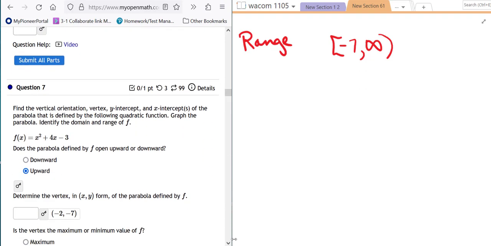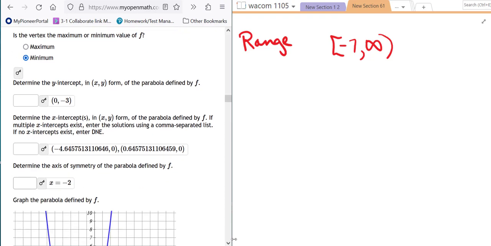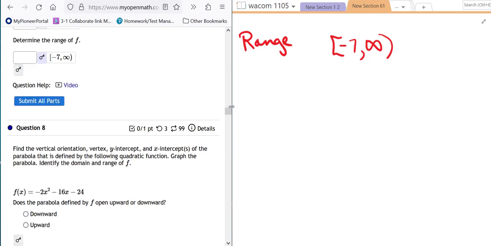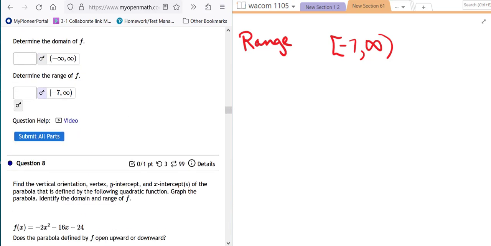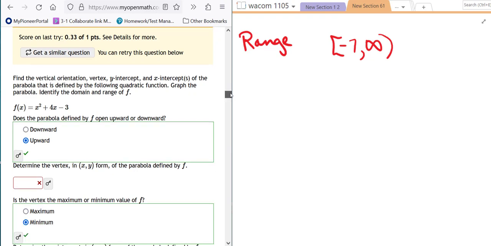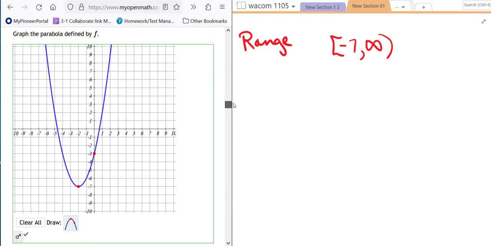And I didn't answer many of those. It's going to count a whole bunch of stuff wrong. But we can submit to see if the graph was right. So the graph was good.